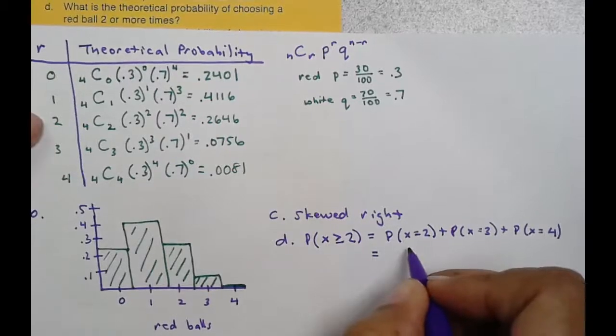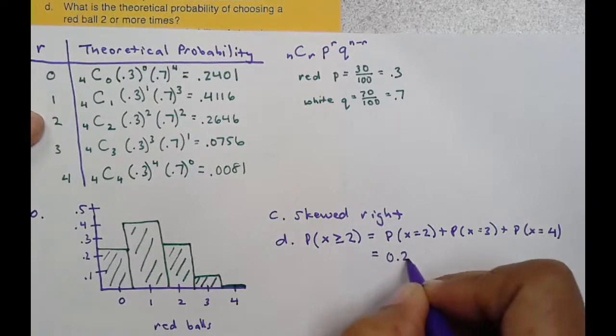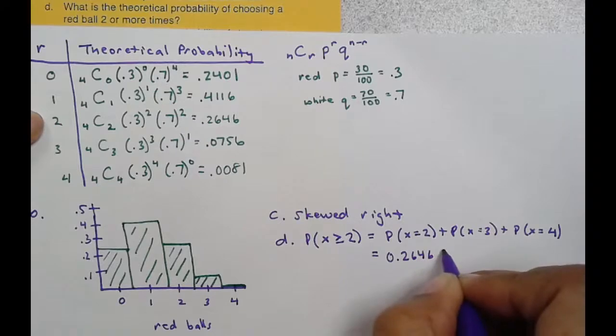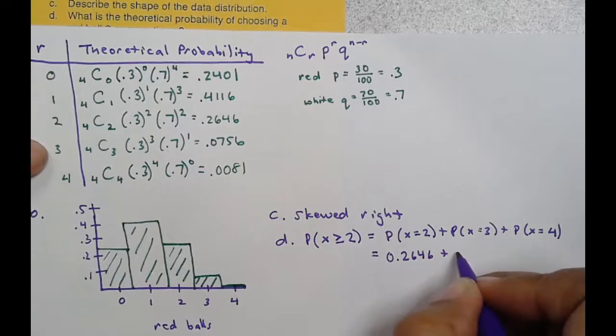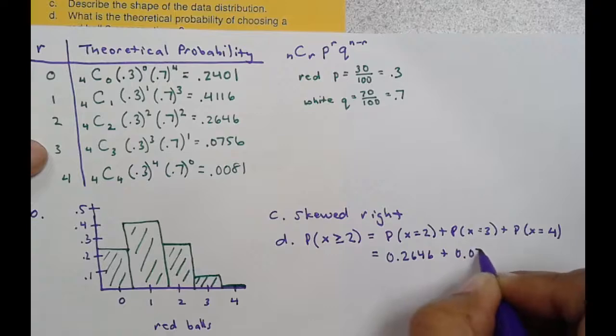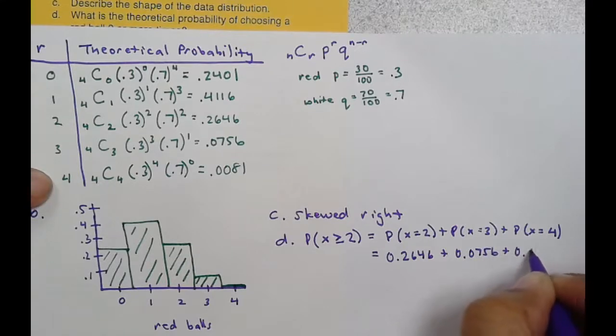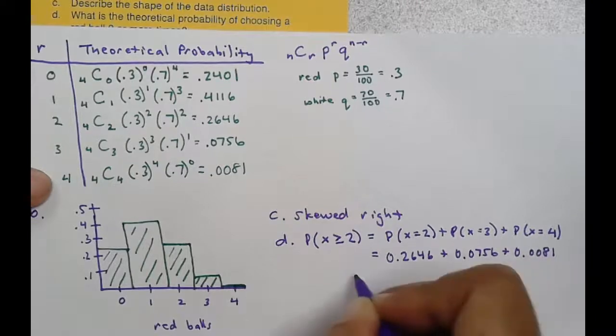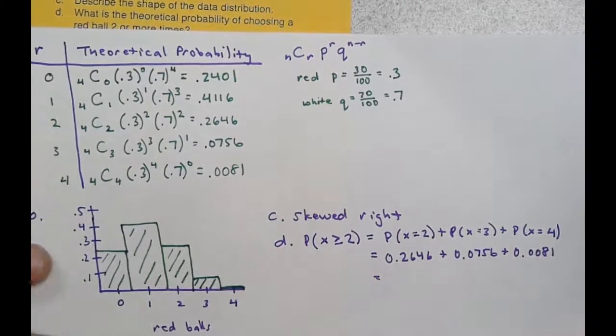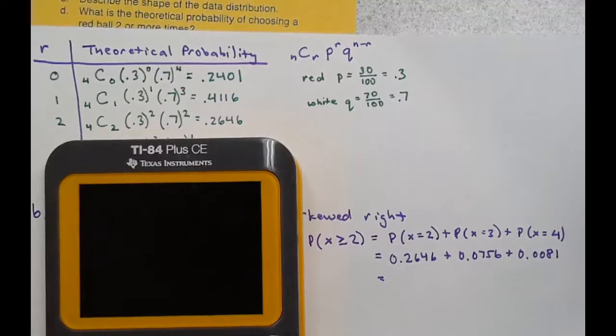So the probability at 2 is 0.2646. The probability of 3 is 0.0756. And the probability at 4 is 0.0081. All right, let's go ahead and add that up here.